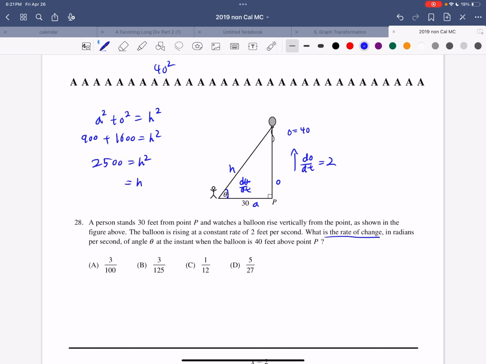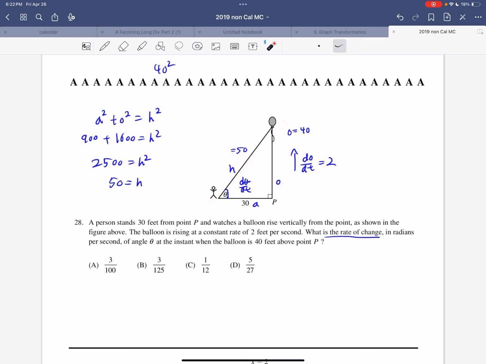Therefore, H is equal to 50. How do I know 50 squared is this? I just guessed: 30, 40, 50. That's what you do, okay? Because obviously that should be the highest value.